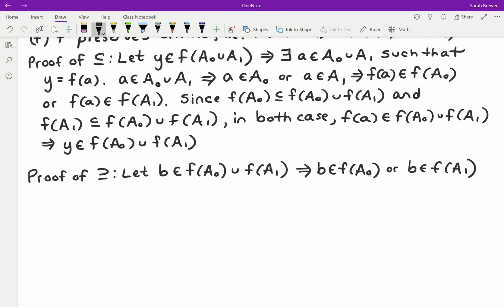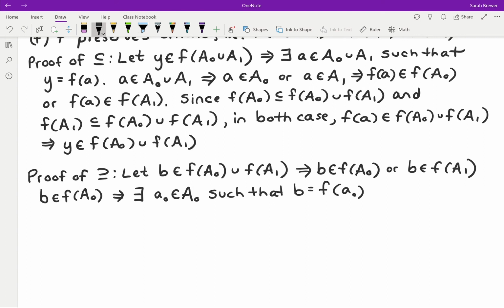And this is where we really have to break this thing down into cases. So if b is an element of f of A0, what that tells us is that there exists, I'm going to call it little a0 in A0, such that b is equal to f of little a0.